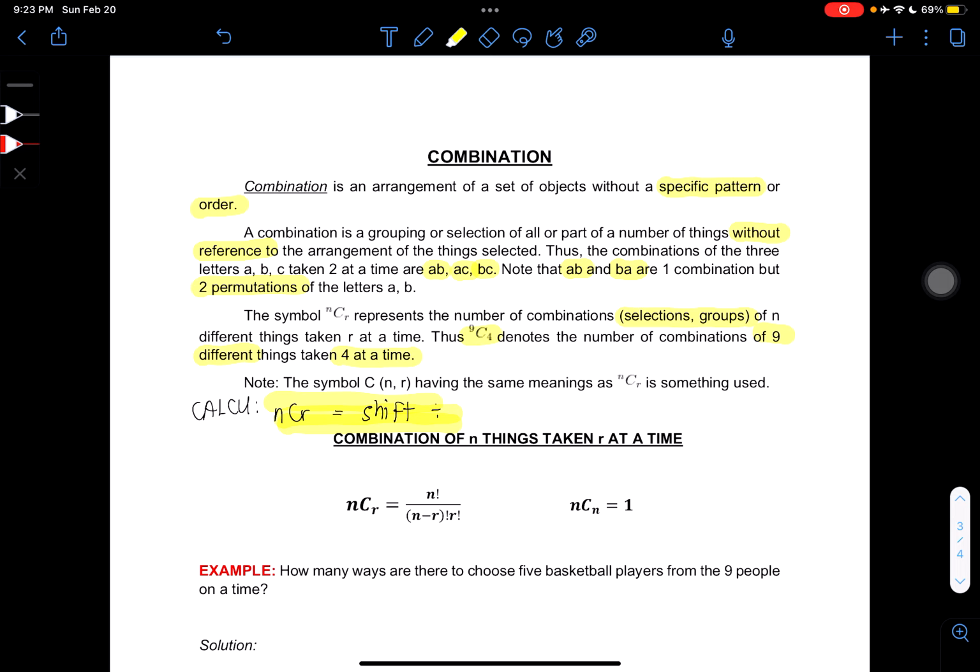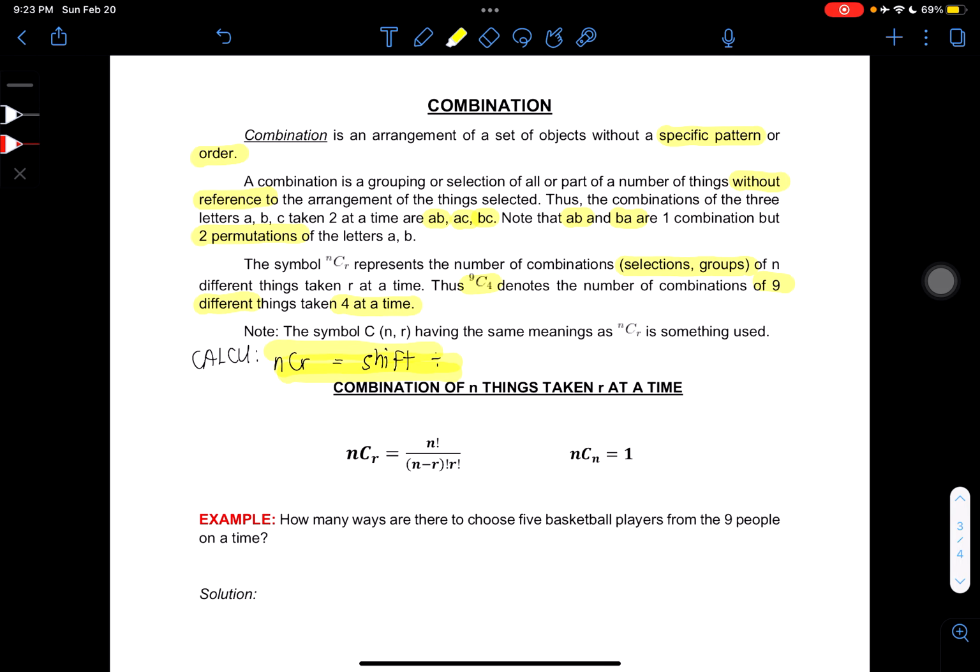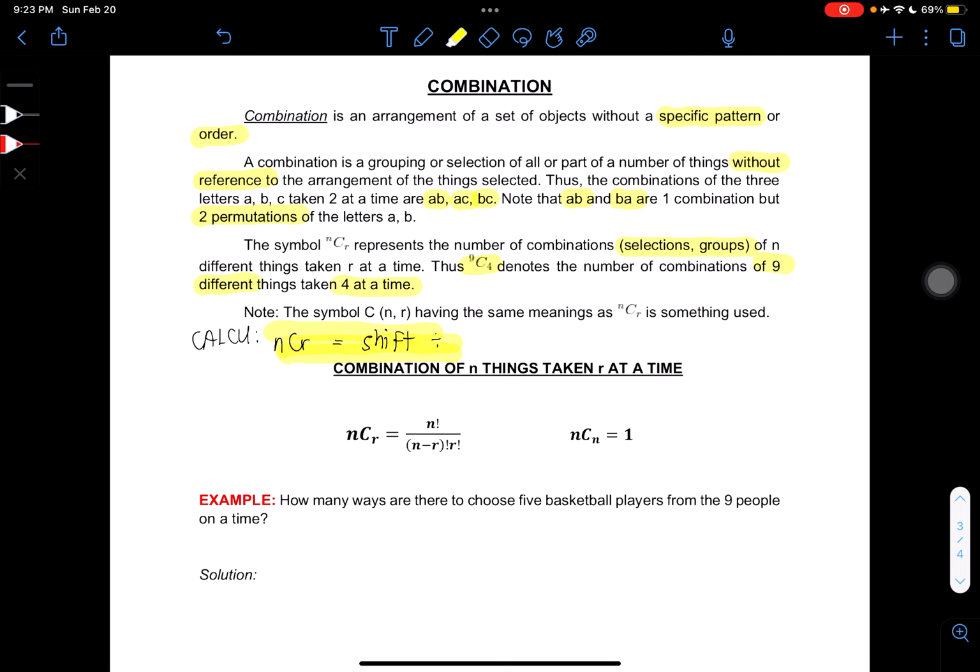So practice. Let's have an example for combination. The formula for combination of n things taken r at a time: nCr is equal to n factorial divided by (n minus r) factorial multiplied by r factorial.